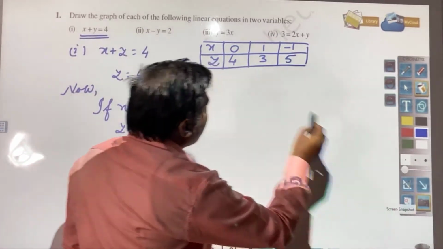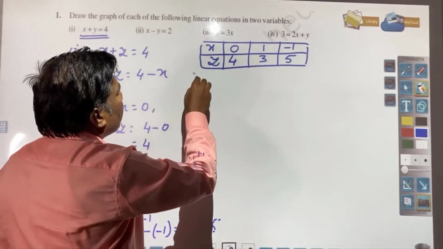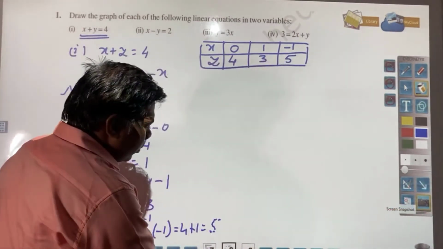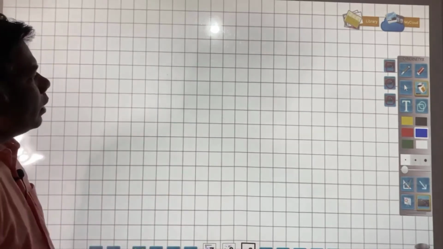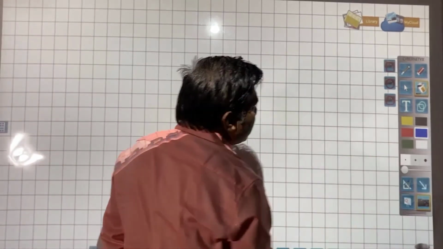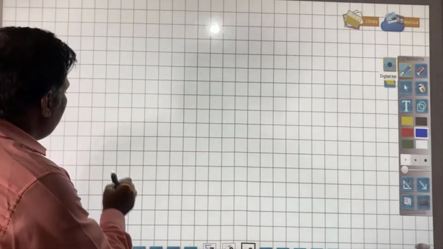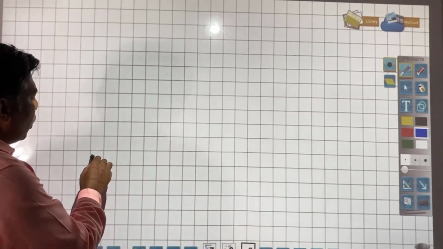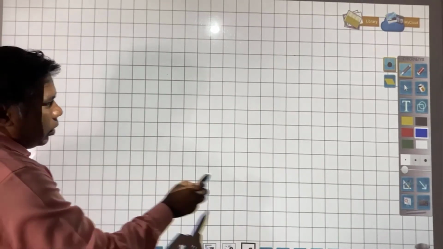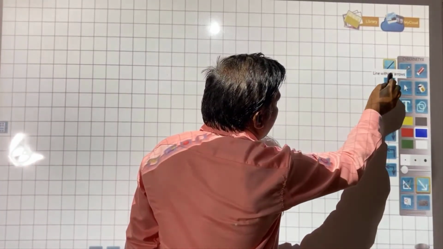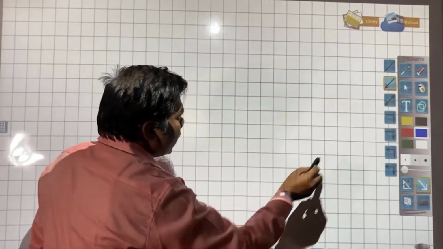So here suppose we have a graph sheet in this way. What is required to be done? We need to draw a horizontal line over here. Just draw a horizontal line with the help of your ruler in a proper way.